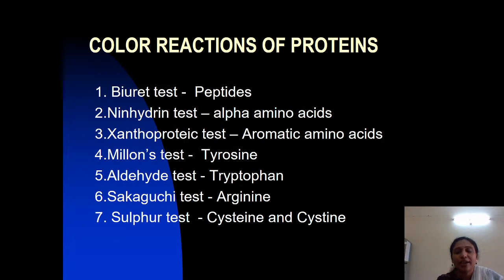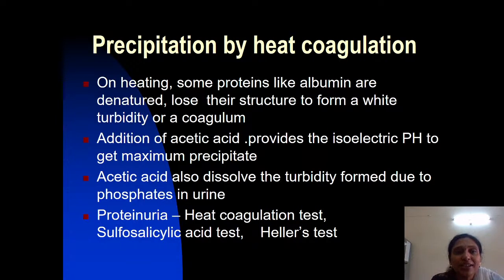So how to do the heat coagulation test? It is a simple test. You have to take the urine solution in a test tube, filling 3/4 of the test tube with the given urine sample, and boil the upper half for 1 to 2 minutes.